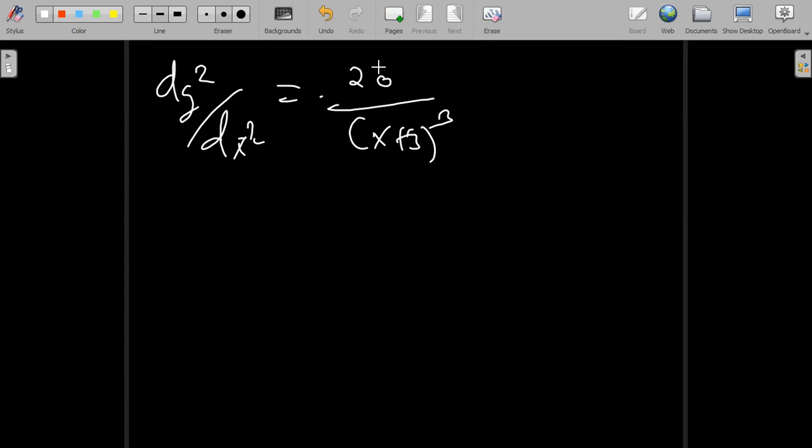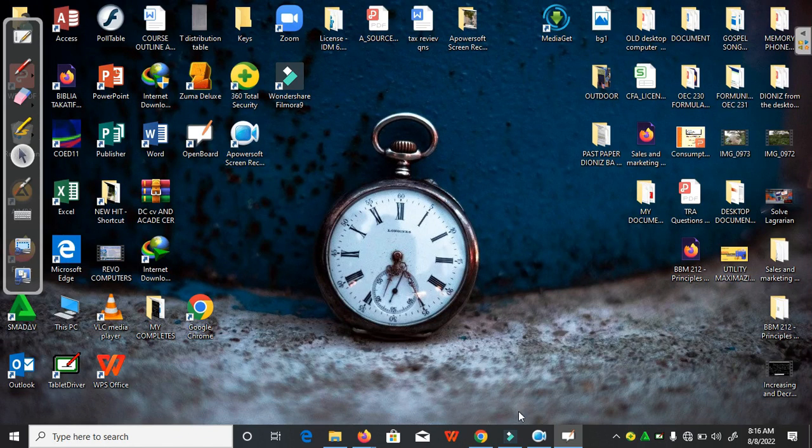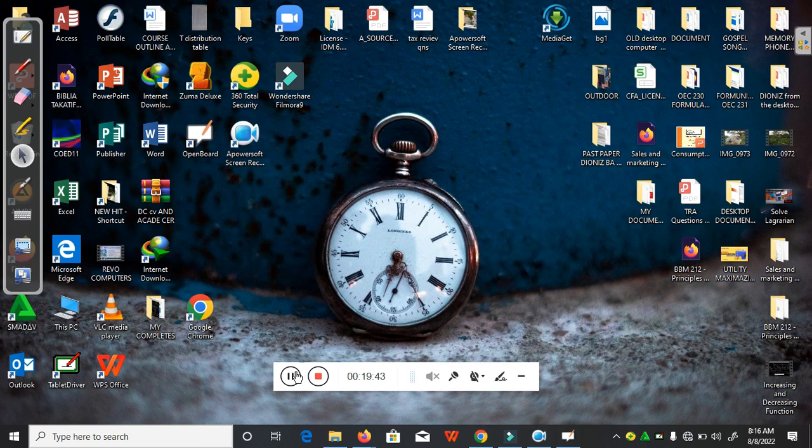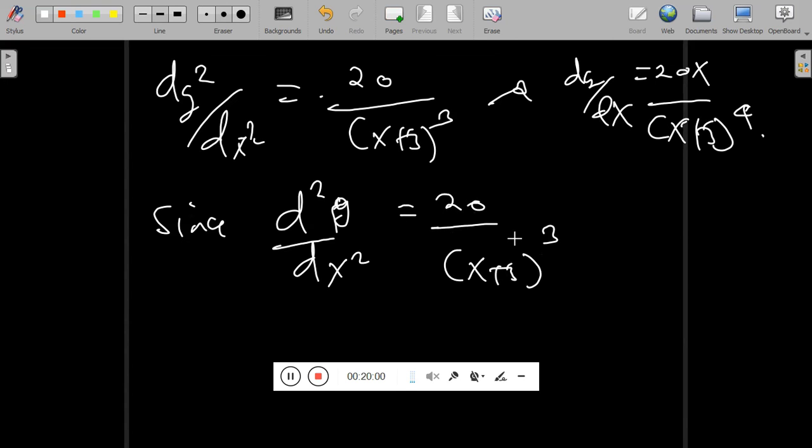And actually, this has been obtained from the first order derivative of the function, dy over dx, which is equal to 20x over x plus 5 raised to the power of 4. So our second derivative of the function is 20 over x plus 5 raised to the power of cubic.